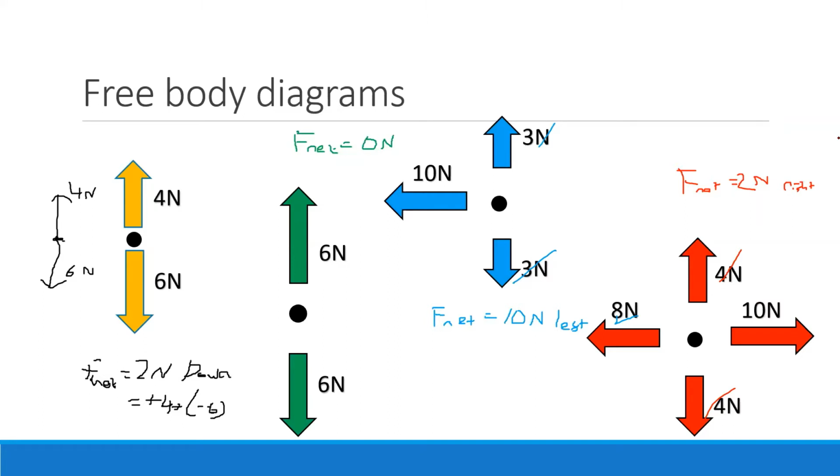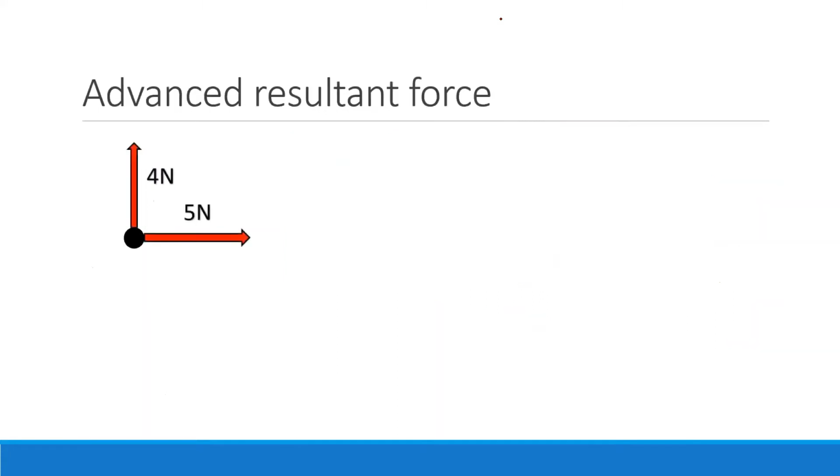And then our last example, which is going to be the last 3 minutes, and I'm not going to have enough time to do this properly, but I'm going to throw it up anyway. This is the type of stuff that you guys are going to be seeing a lot more often. You have 4 newtons going up and 5 newtons going to the right. Now, if you wanted to calculate the net force here, it is not going to be as simple as just going, oh, 4 plus 5 is 9 newtons.